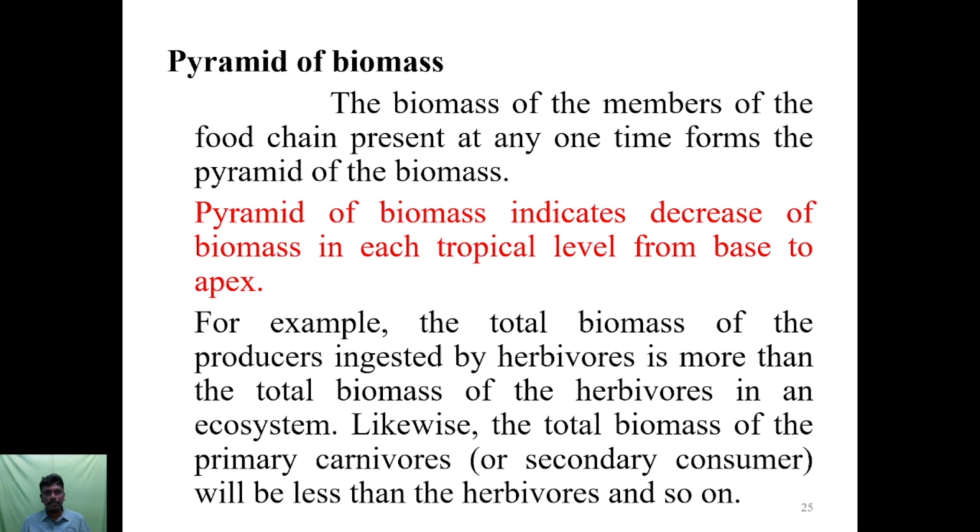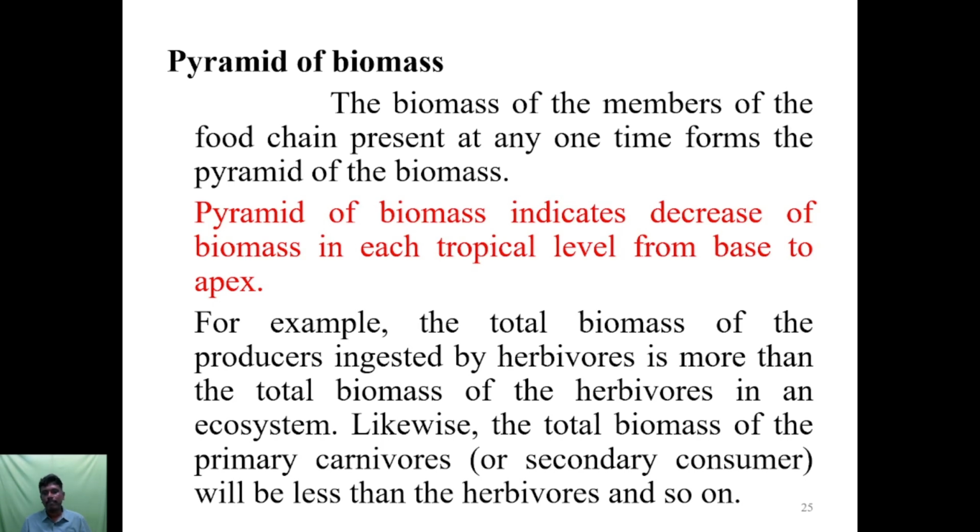Then based on biomass, the biomass of the members of the food chain present at any one time forms the pyramid of the biomass. Pyramid of biomass indicates decrease of biomass in each trophic level from base to apex.